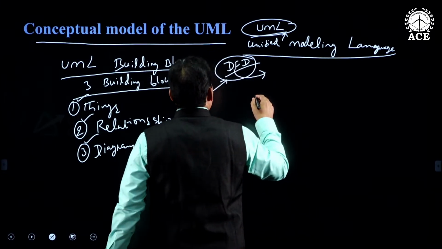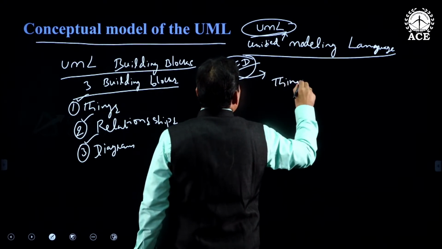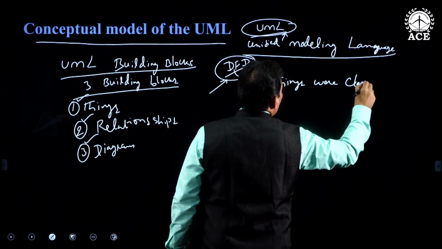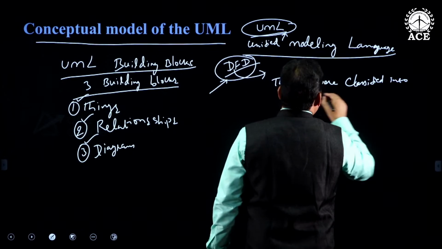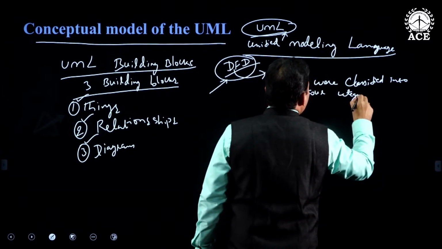Again, these UML things are classified into four categories. What are those four categories?